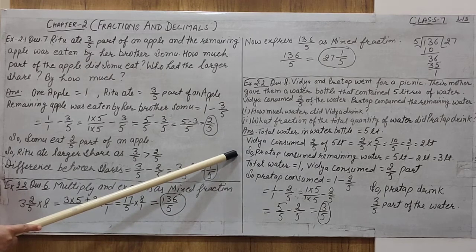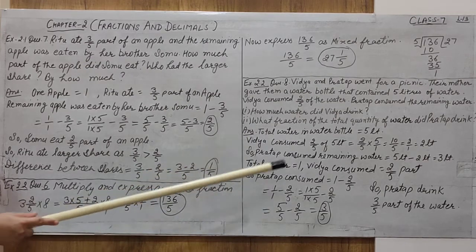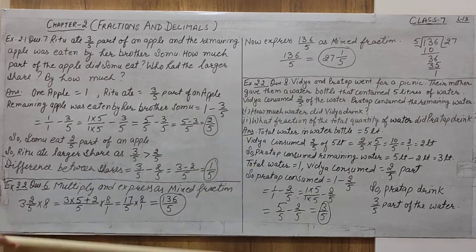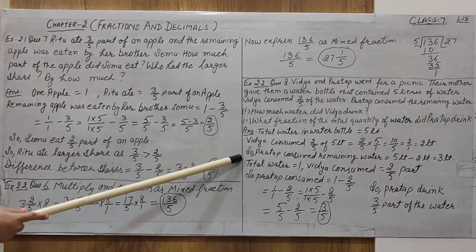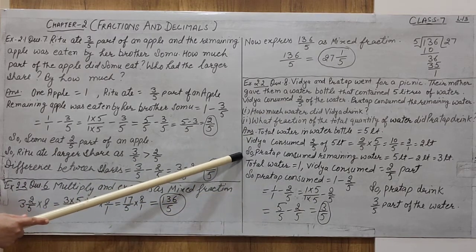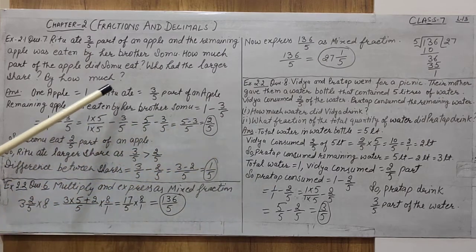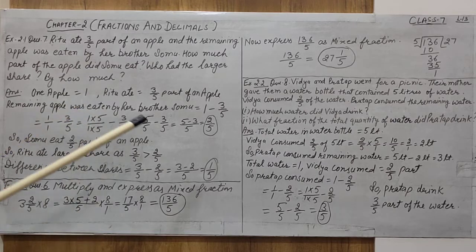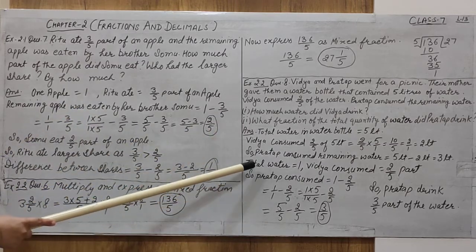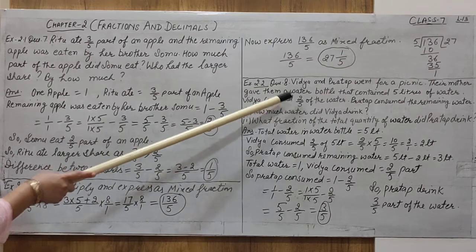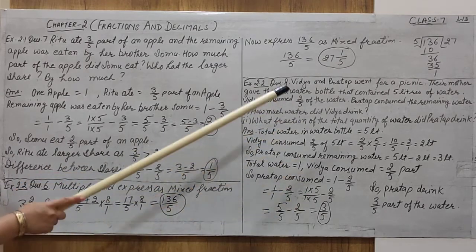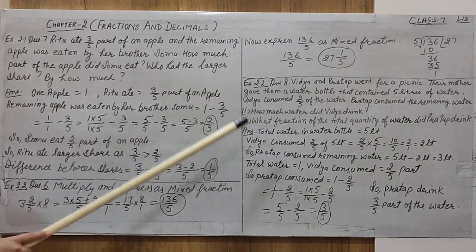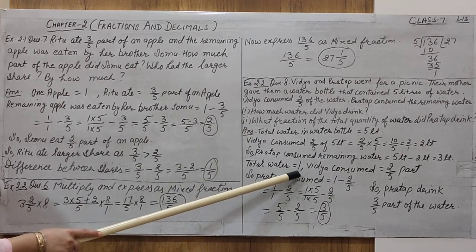Quantity though we know is 3 liters, alright, but in the form of a fraction, how much part of the total Pratap consumed, we have to find out, and we do that with the help of this kind of question, in which 1 apple is equal to 1. Anything else that is given is equal to 1. In the similar way, the total water in the water bottle, 1 water bottle, the total water is equal to 1.